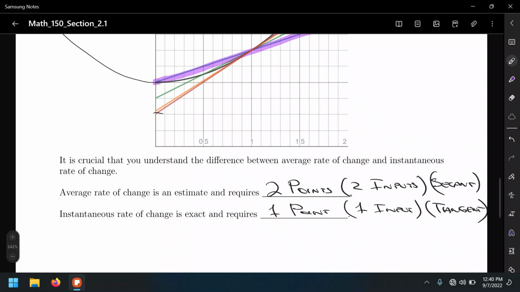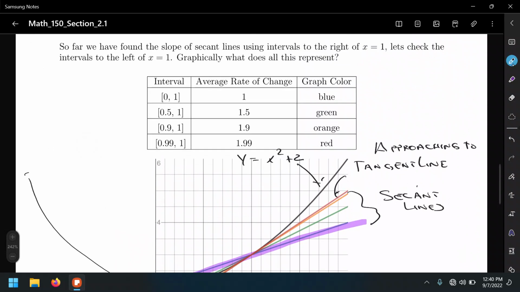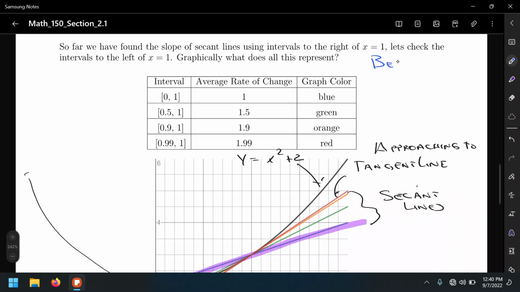Well, so now that we have in a way found the best guess for the slope of f of x equals x squared plus 2 at x equals 1, what would be the best guess of the slope?